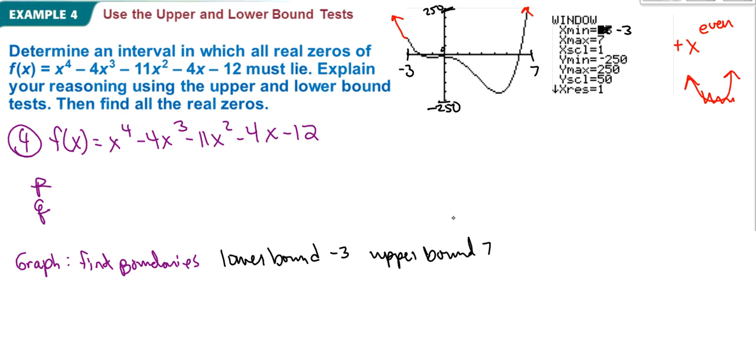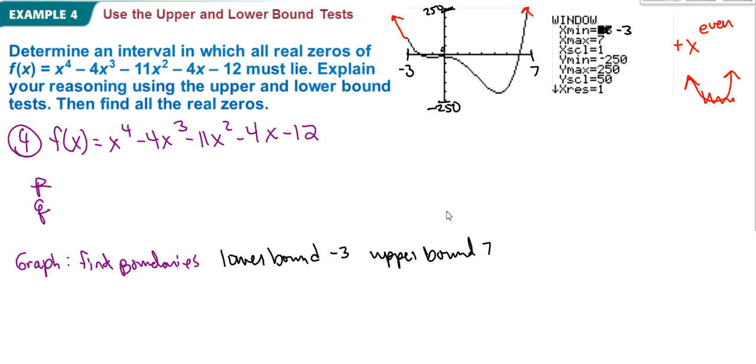And maybe even when you were looking at a table of values, you might have noticed that for this problem, some of the zeros are integer values that are right on there.